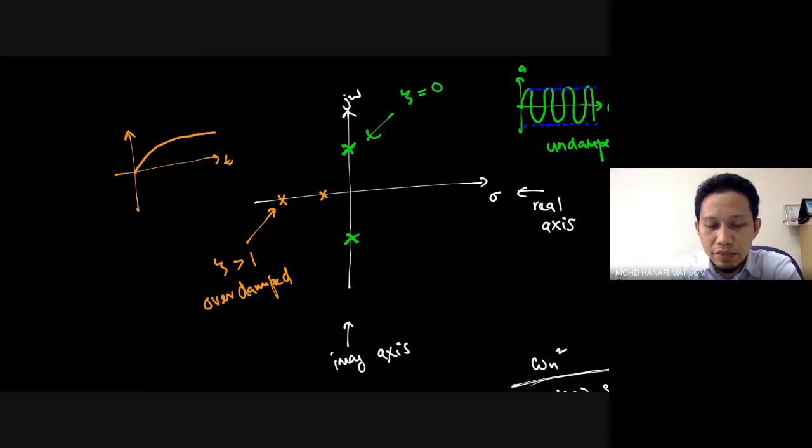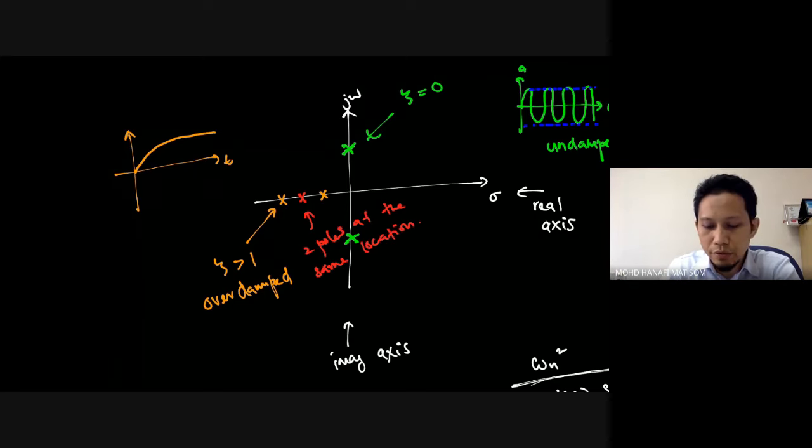Now, let's say we have two poles on the real axis, but this time at the same location, meaning we have two poles at the same location. Let's say we have negative 3 and negative 3.